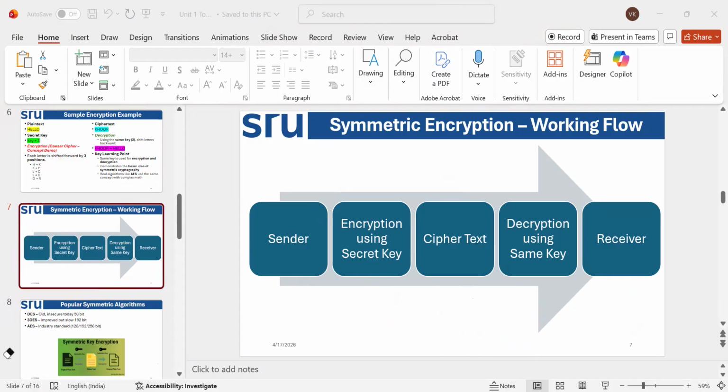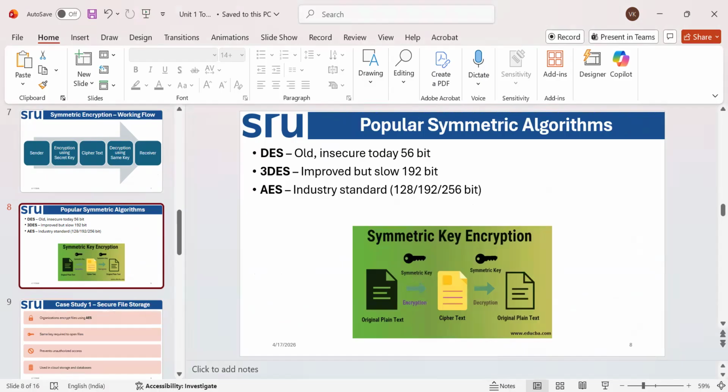Now let's see the popular algorithms for symmetric cryptography. DES, 3DES, and AES are the popular algorithms. DES is a very old algorithm, started in 1977.